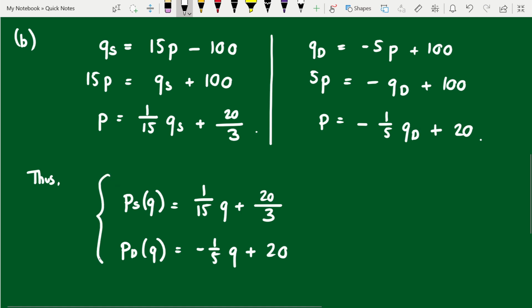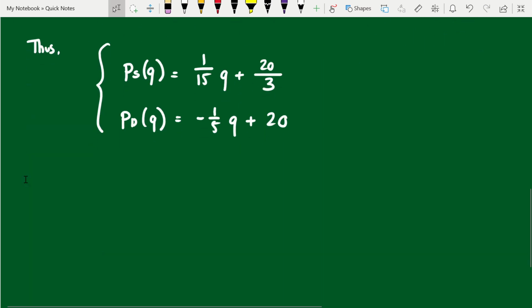At this point you'll notice that I've not introduced any new calculations or done any new mathematics. All I've done is relabel the equations above, separated by that little line, using P sub S instead of P in the first equation, and then removing the S from the Q. This gives us a new little system of equations to study.